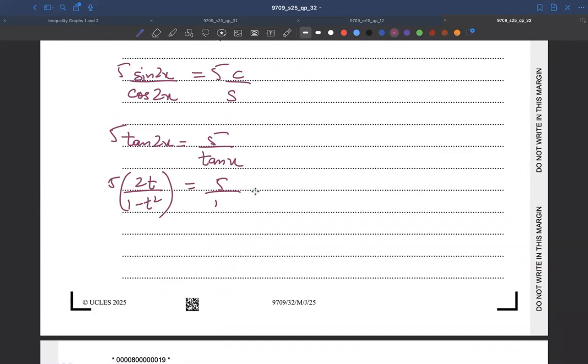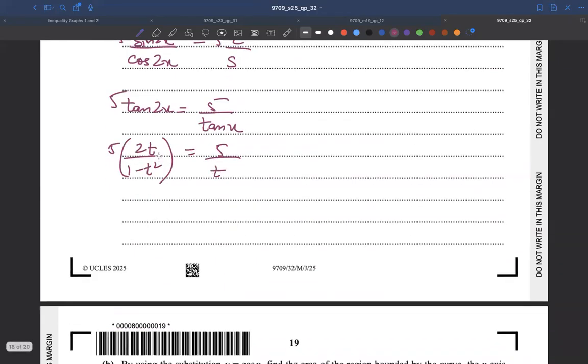So now if I cross multiply, 5 times 2 is 10. So 10 tan squared equals 5 minus 5 tan squared. So that will be 15 tan squared equals 5. And finally, I can write tan squared of x equals 5 upon 15, which equals 1 upon 3.